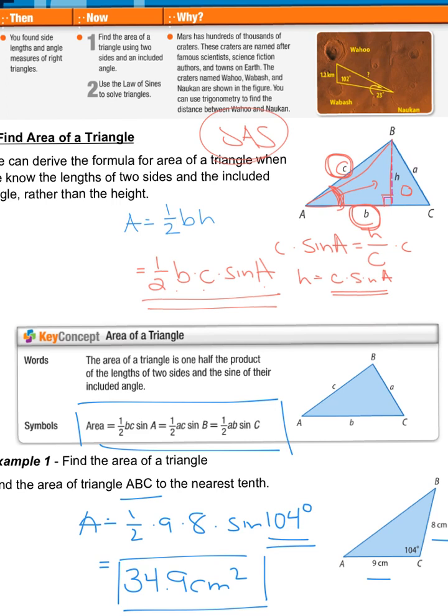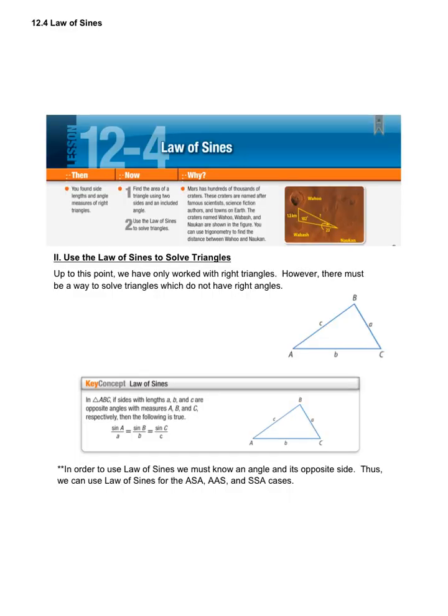The second part of the day is based on law of sines. You talked about this last year in class, but law of sines is based on the same idea. I can take any triangle, it doesn't have to be right, and break it up into two smaller right triangles.